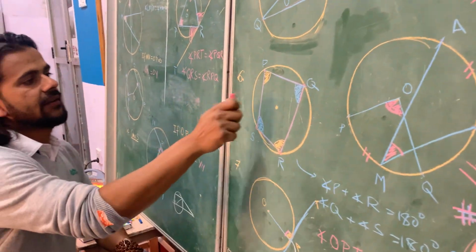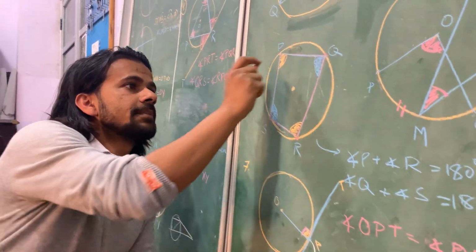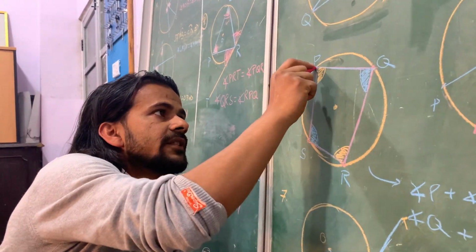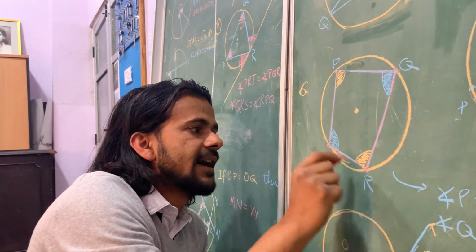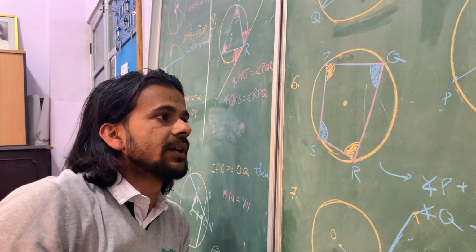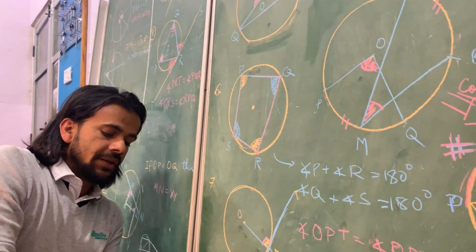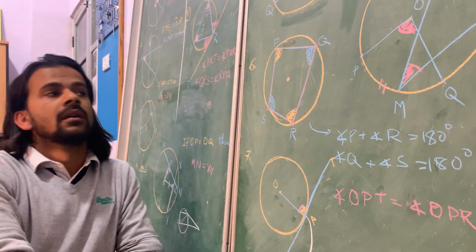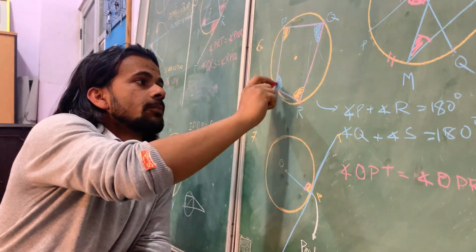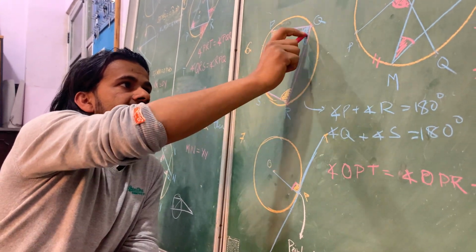And then if you have a quadrilateral inside the circle, which is called a cyclic quadrilateral, here PQRS, that means the vertices of the quadrilateral P, Q, R and S lie on the circumference. Okay, if that happens, then if you find the sum of the opposite angles, surprisingly they are supplementary.